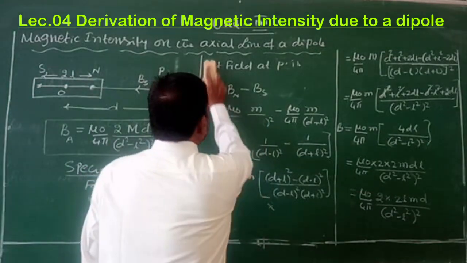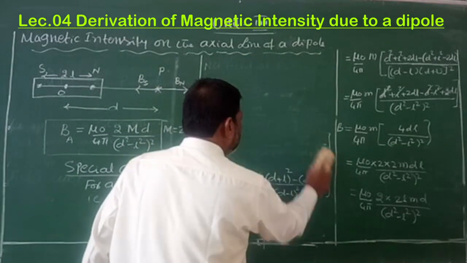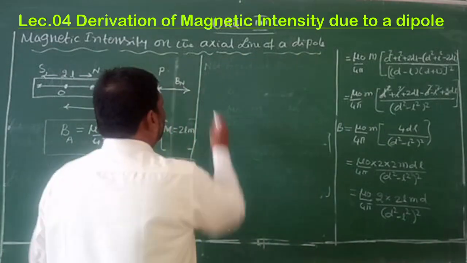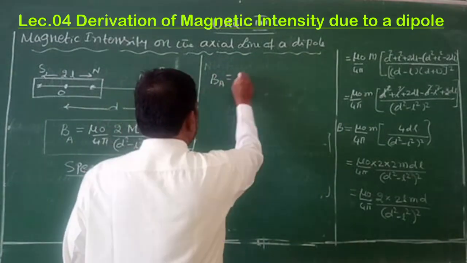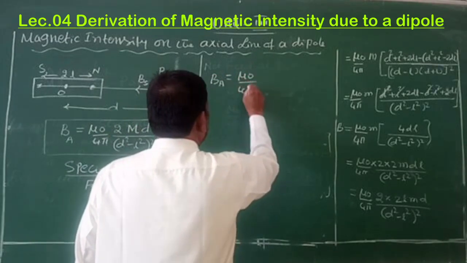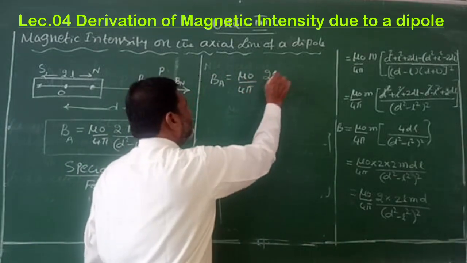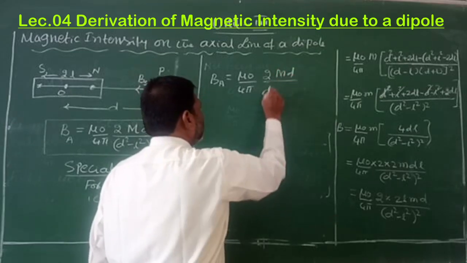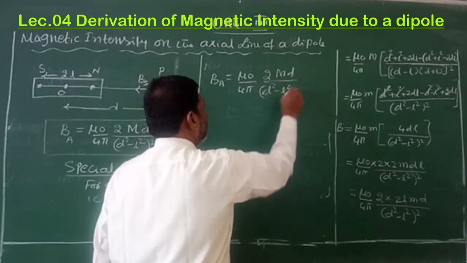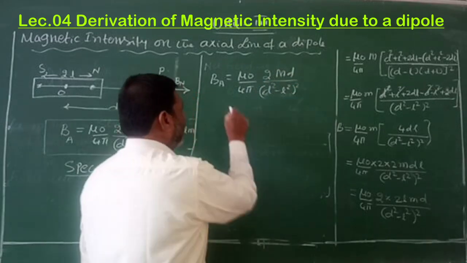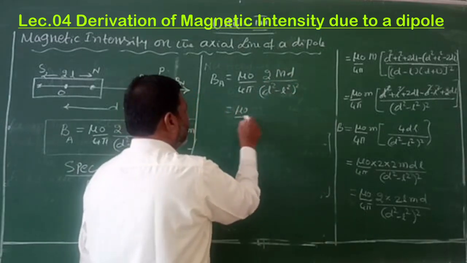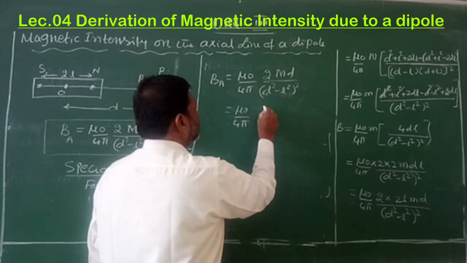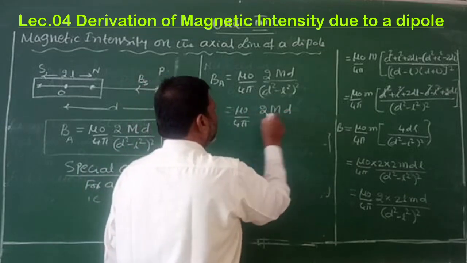When you simplify, B_A is equal to mu naught divided by 4 pi, times 2 M d divided by (d square minus L square) whole square.